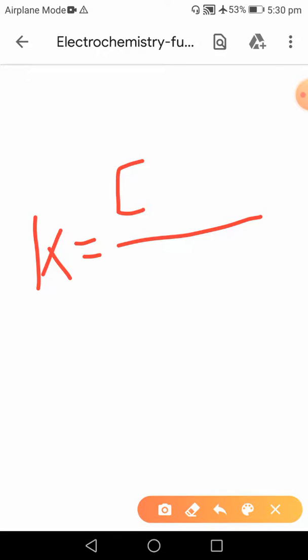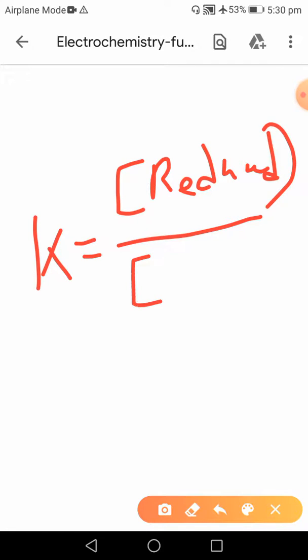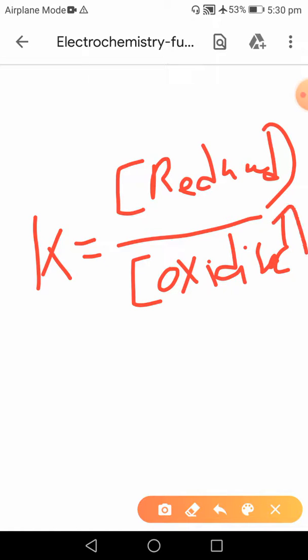Since the reduced form is our product, we will write the concentration of the reduced form divided by the concentration of the oxidized form.